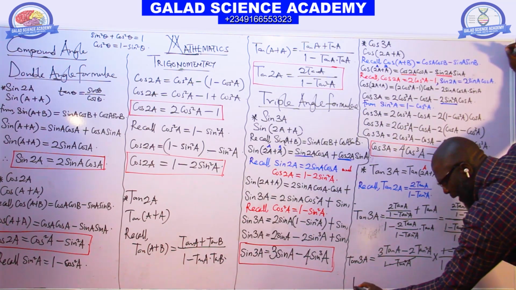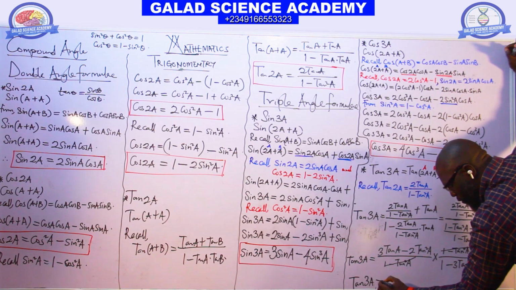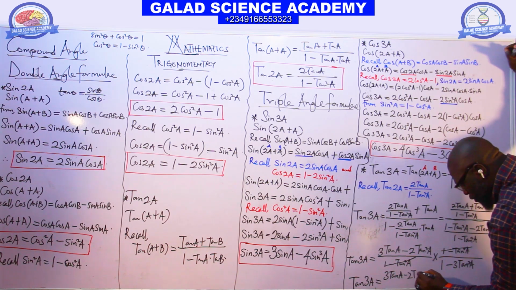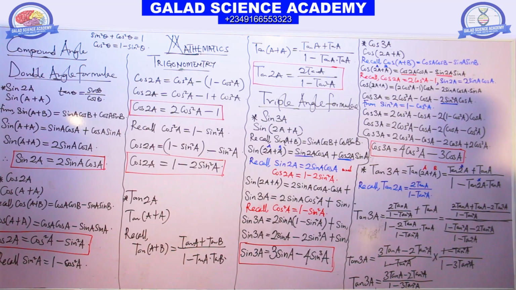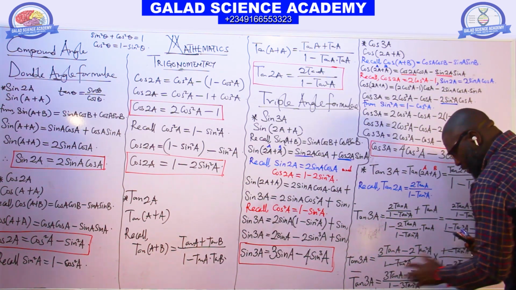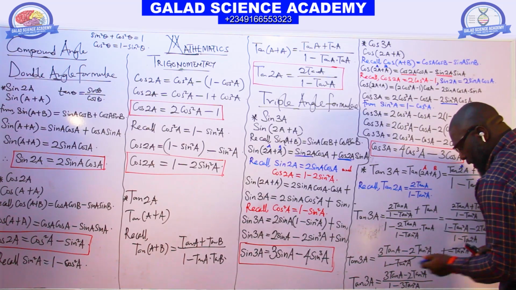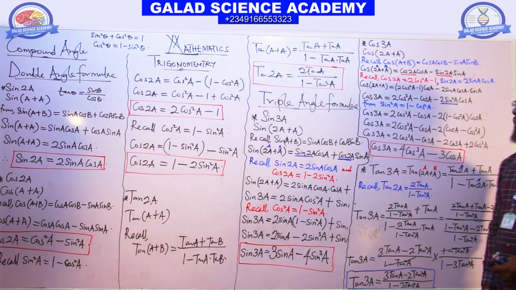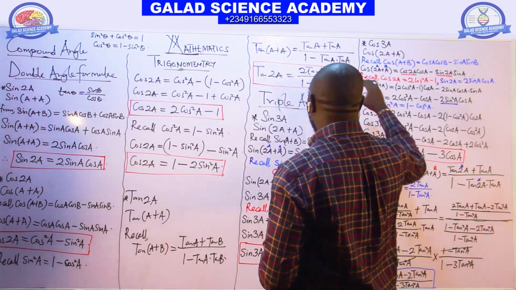At the end of the day, my tan 3A will be equal to 3 tan A minus tan cube A over 1 minus 3 tan square A. So this is the identity for tan 3A. So we have done for the triple angle.